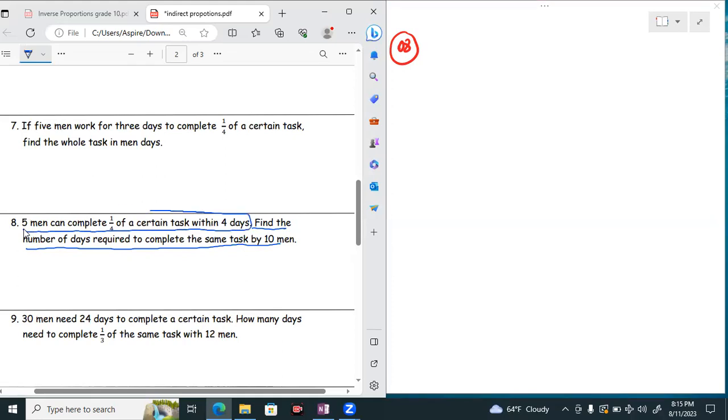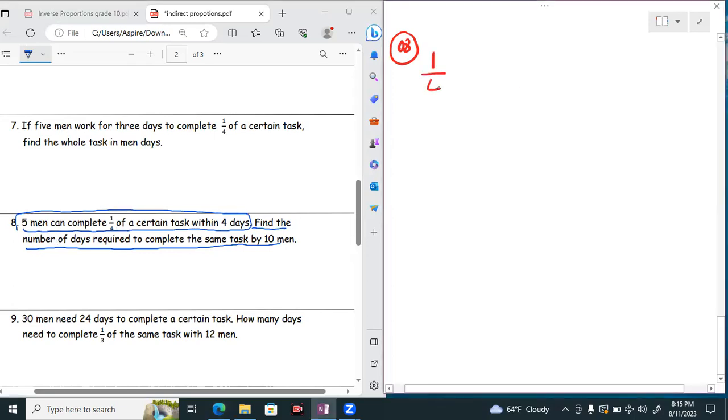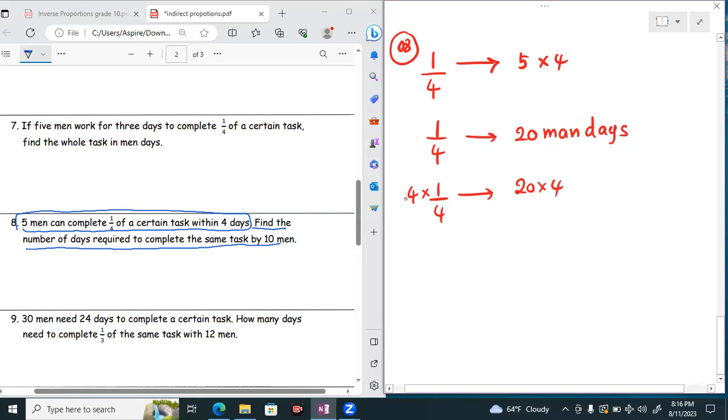It is given that 1/4 of a certain work is 5 times 4, then 1/4 is 20 man days. Then 4 is multiplied by 1/4, 20 multiplied by 4, then 4 to 4 cancel. Then 1 is 80 man days.